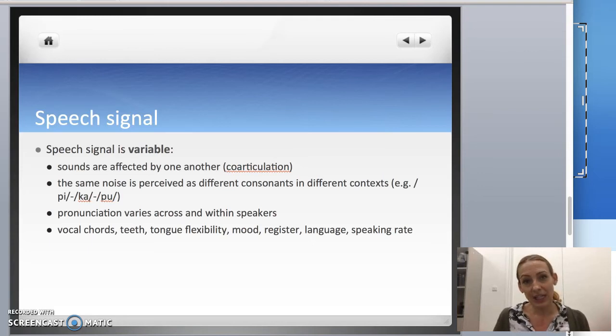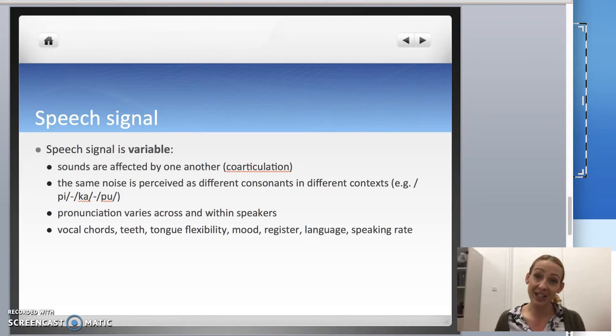But that's not the only type of variation in speech. Pronunciation, of course, varies across speakers and within speakers. So different speakers say things in different ways. Native and non-native speakers, speakers from different areas and different dialects, and we're still able to understand them.